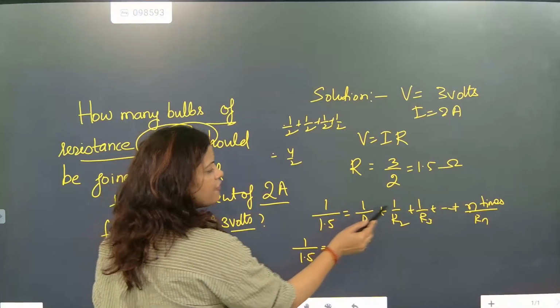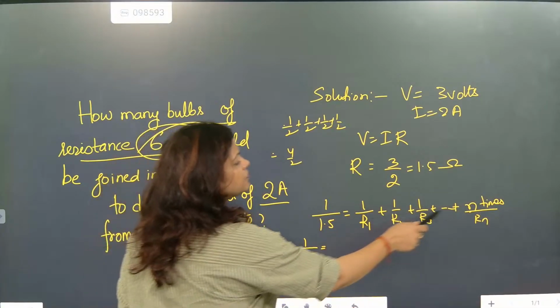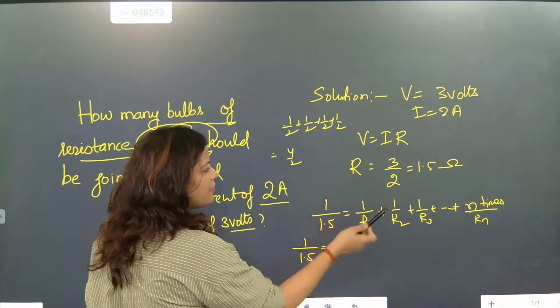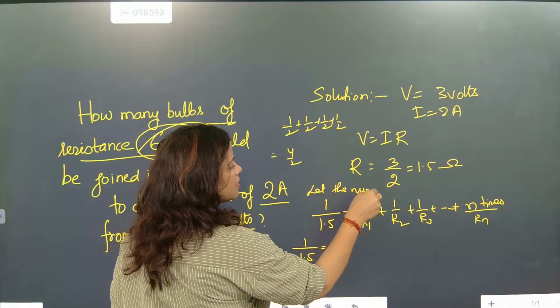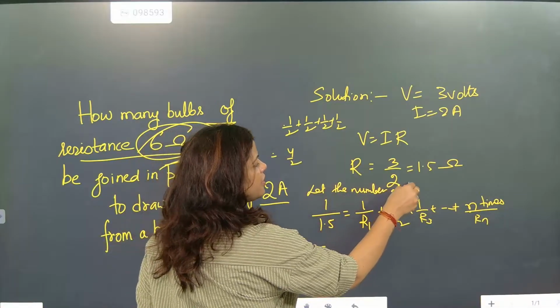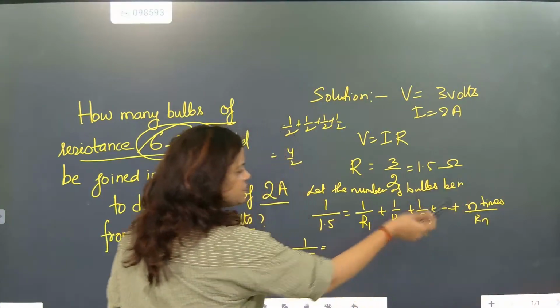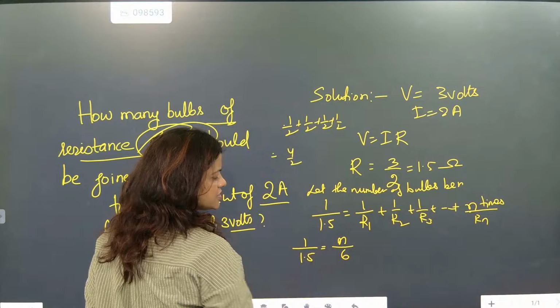So here every bulb is having resistance of 6 ohm. How many times can we add? N times, because we don't know how many bulbs are there. So let the number of bulbs be n. So it will come n by 6.